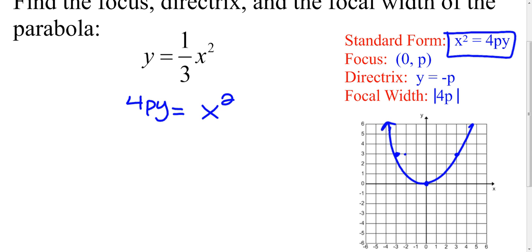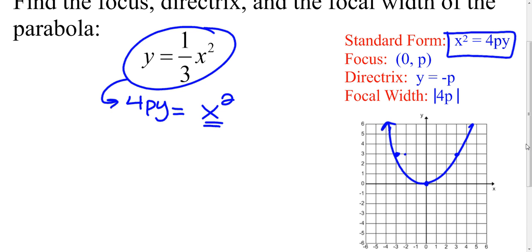I need to get this equation into this format, so I need only x squared on the right. I want x squared on the right and everything else on the left side. So what I'm going to do is multiply this side by 3 and this side by 3.